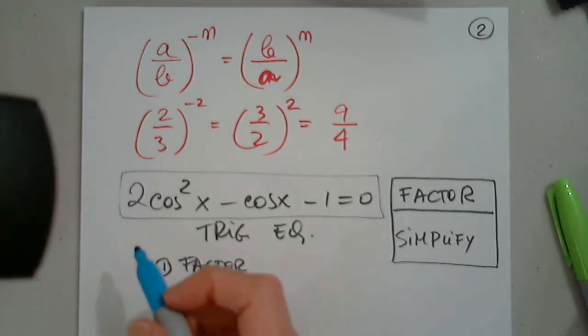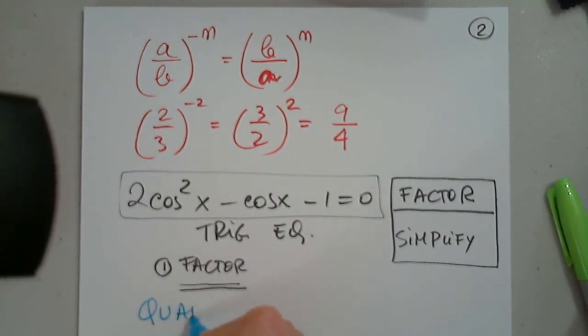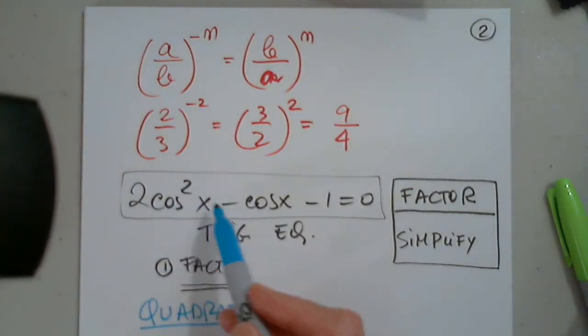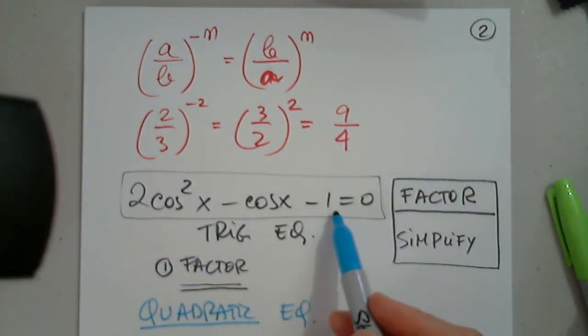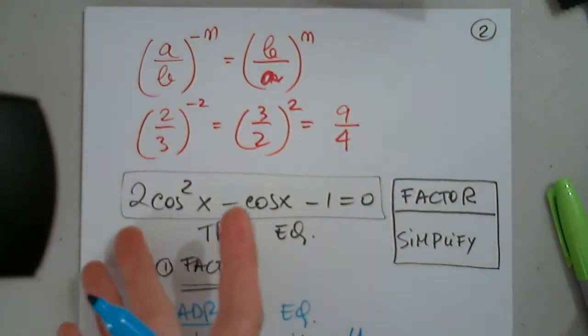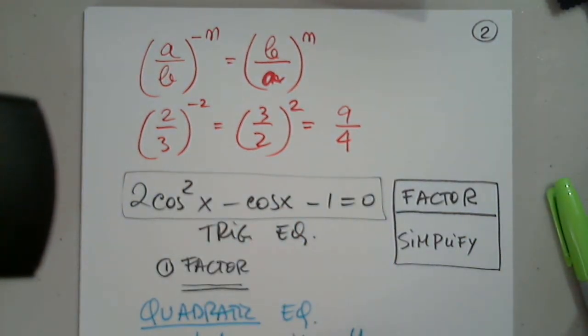So this is a quadratic equation, right? Why is it quadratic? Because it has whatever squared minus whatever minus 1. If I wanted to, I can say let cosine x be y, and then the equation becomes 2y squared minus y minus 1 equals 0.